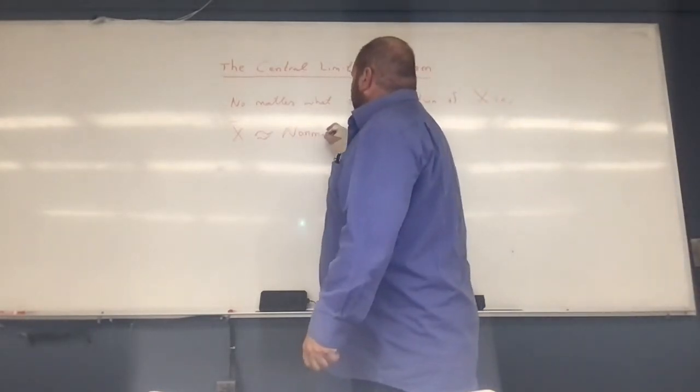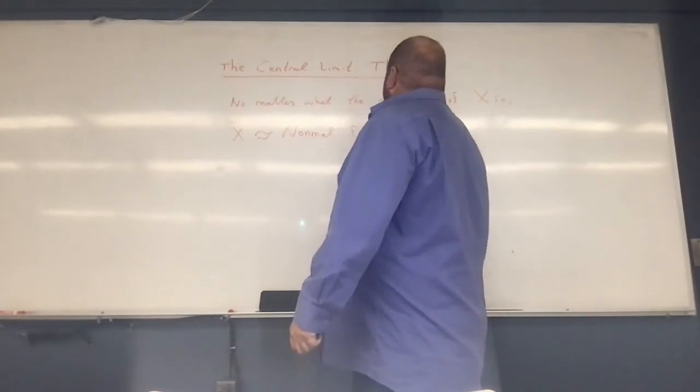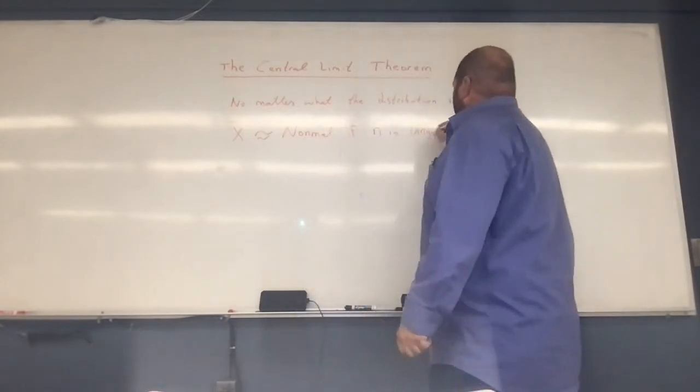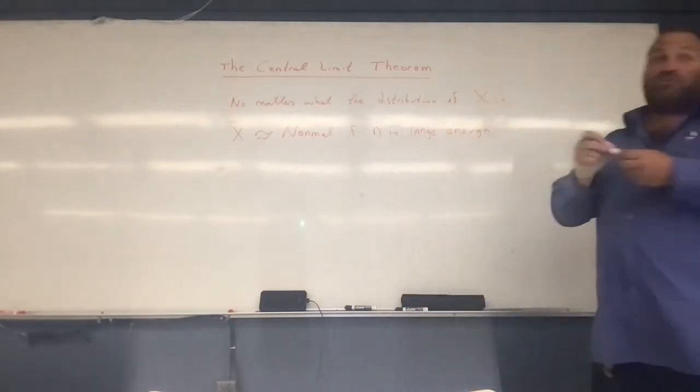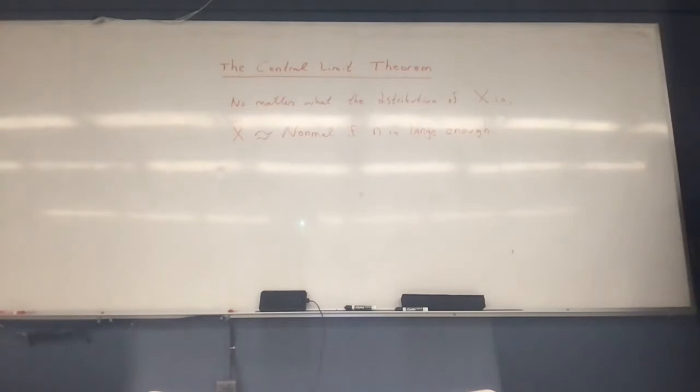X bar is approximately normal if n is large enough. This is essentially what the central limit theorem says. It's not the technical word for word definition that you'll find in the book, but it's the intuitive definition.